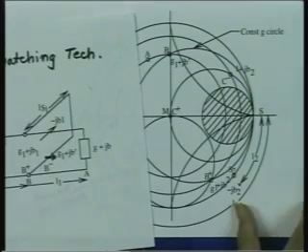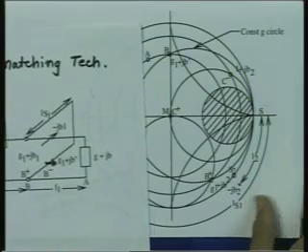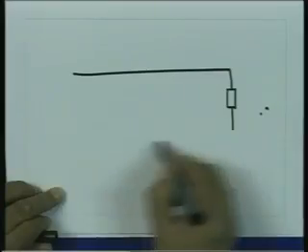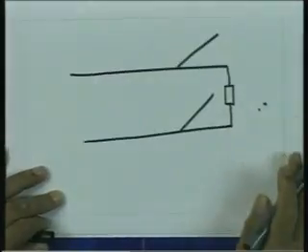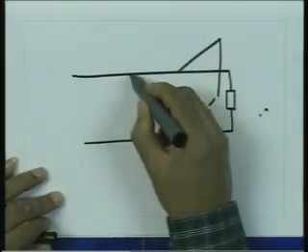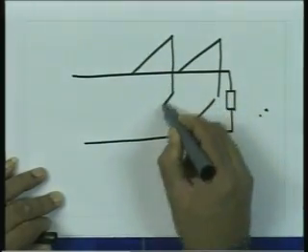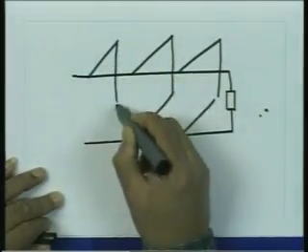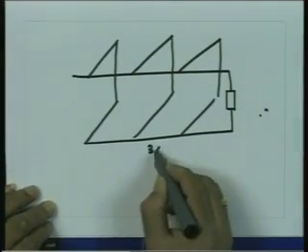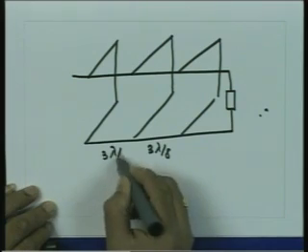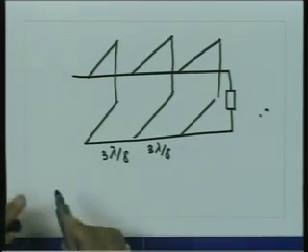However, this limitation has been taken away by introducing a simple concept, which is 3 stub matching. If I take this load, instead of using two stubs, let me use 3 stubs. The distance between all of them is 3 lambda by 8, this is 3 lambda by 8, and this is some value L1.